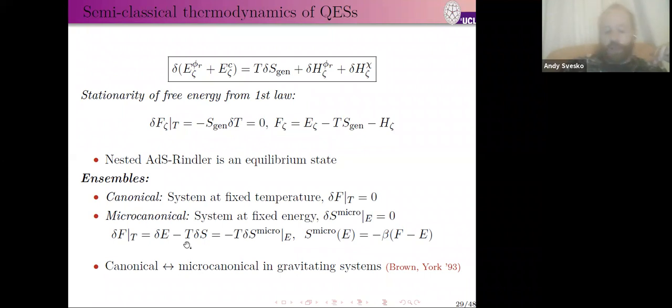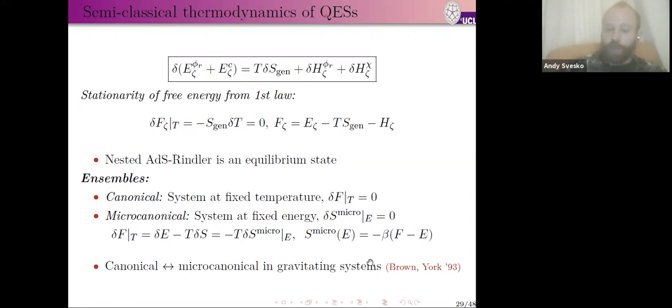You can find that there's a correspondence between them. Basically, the way you get from the canonical to the microcanonical ensemble is you perform a Legendre transform on the Helmholtz free energy. This is true in the standard thermodynamic picture, but the correspondence also holds in gravitating systems, which is a result found by Brown and York in the early 90s.